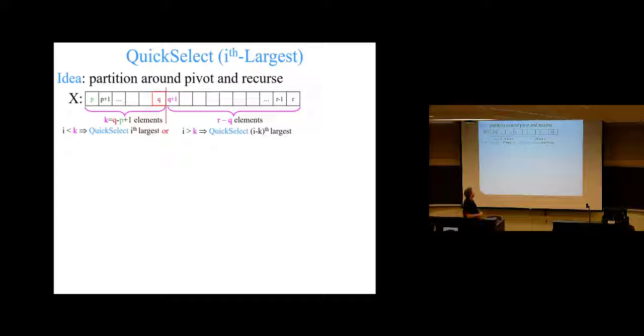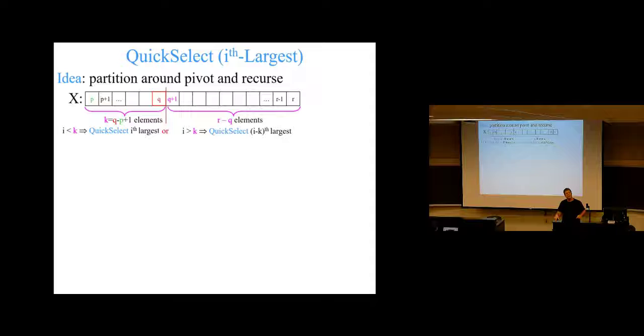But keep in mind that we're only recursing on one group or the other, but not both. In quicksort, we recurse on both pieces, because we have to sort the whole thing. But here, we're quickly converging on the piece that has the ith largest and ignoring the other piece.